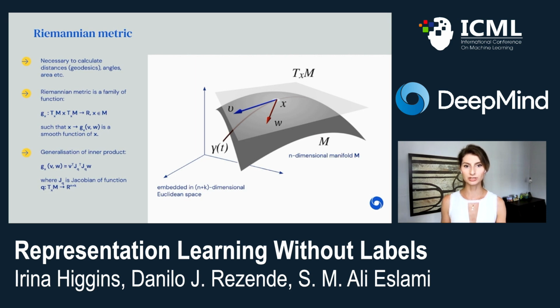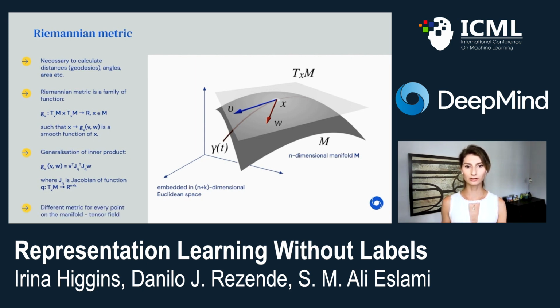The Riemannian metric is the generalization of the inner product that we are familiar with on Euclidean manifolds, but with an additional term that corrects for the distortions introduced by the non-zero curvature of the manifold. One way to calculate this correction term is by taking the product of Jacobians of the function q that maps points from the tangent space to the high-dimensional Euclidean embedding space.